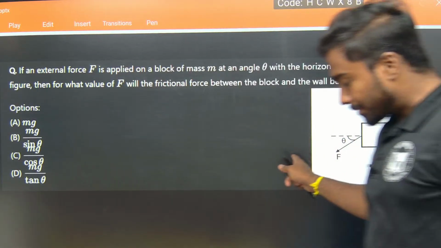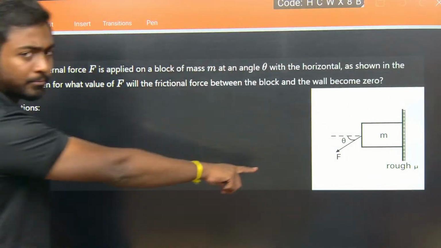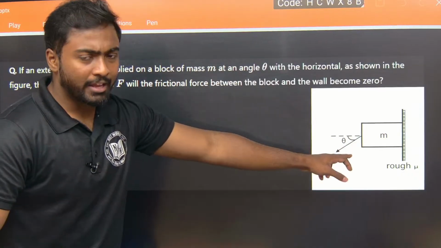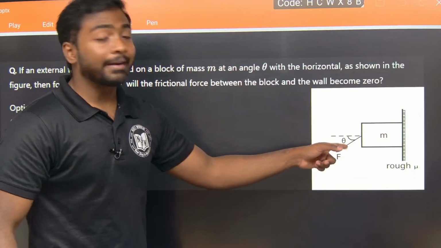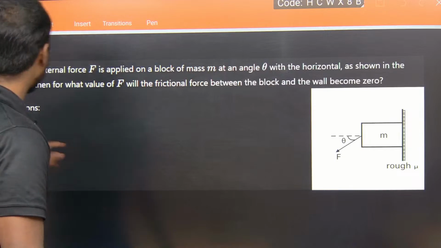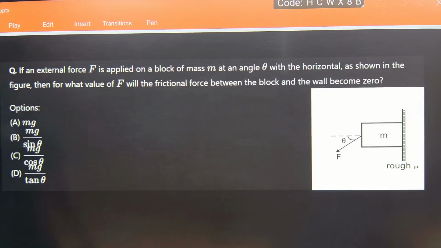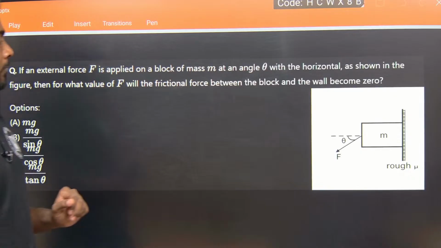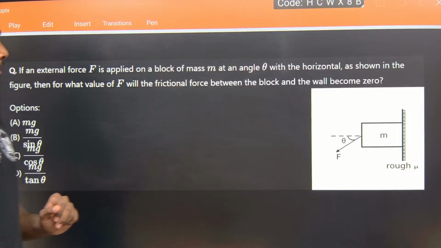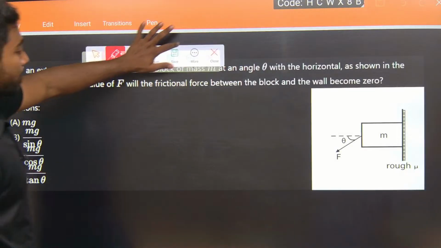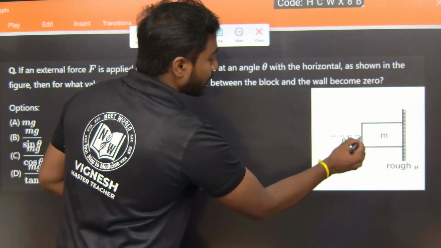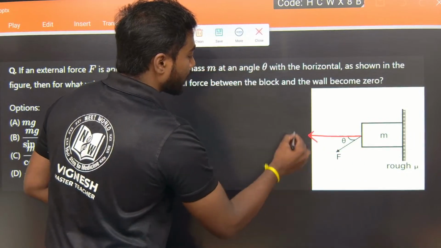If I take this diagram, I need to take the components first because it's making some angle theta. So this is my F cos theta.